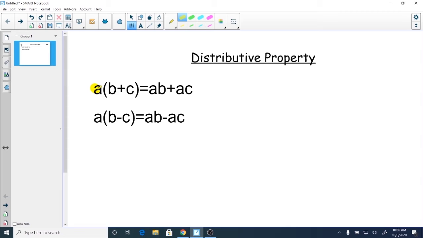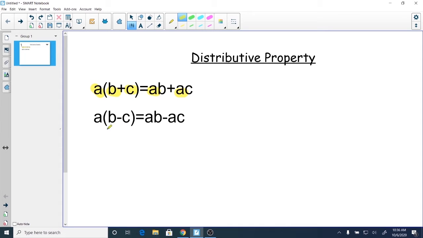So you take the outside term and you're distributing that to the inside terms inside the parentheses. In other words, you are multiplying each one of the inside terms by the outside term. So you have A times B, then plus A times C. So you see how the A is being distributed to both of the inside terms.